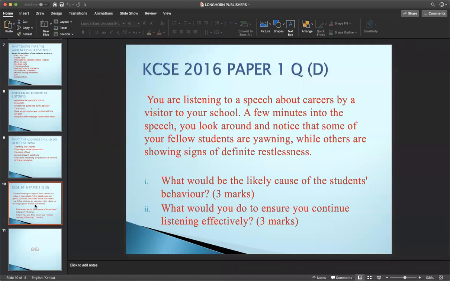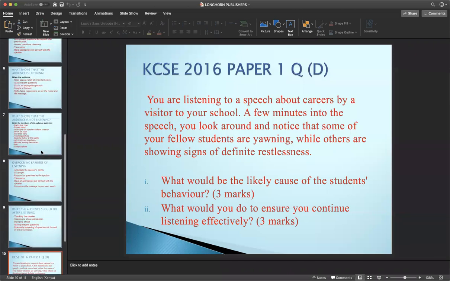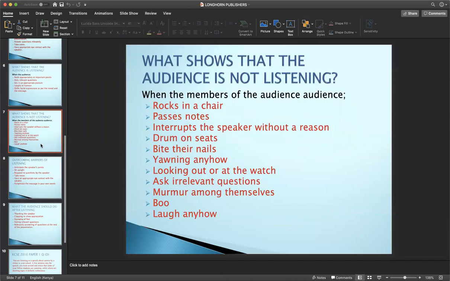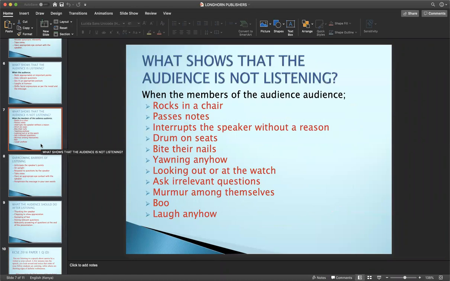So if you go back to what we've said, what will be the likely cause of the students' behavior? This is the reason why the members of the audience are not listening.